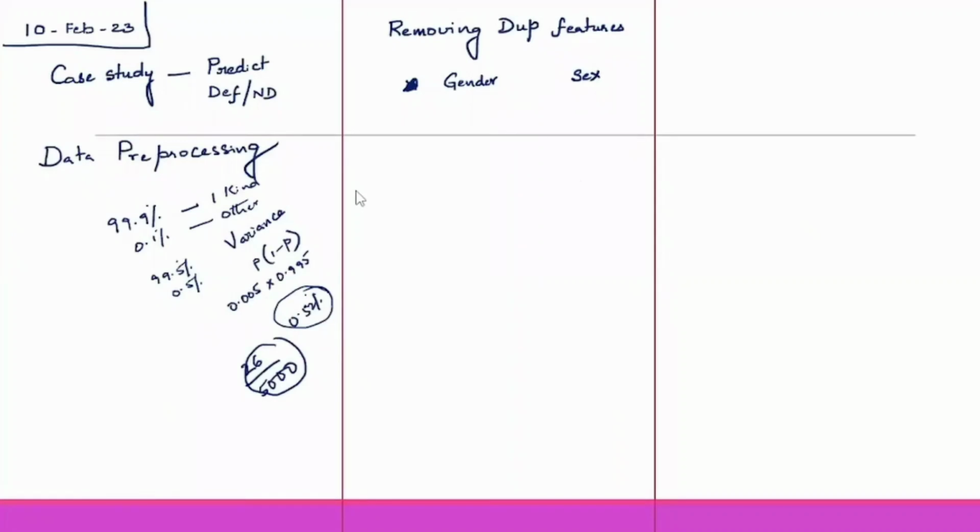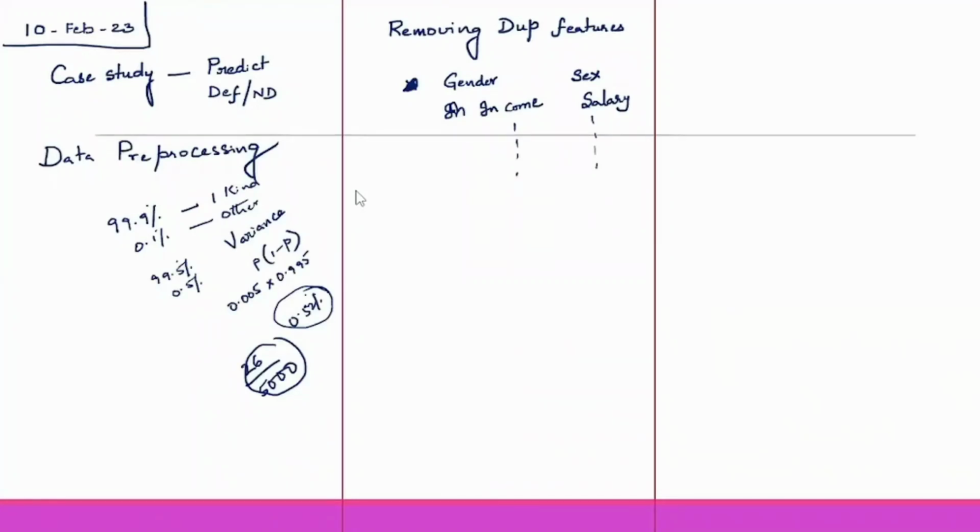Or probably we may have one column called income, and somewhere else there might be a column called salary, and both the columns might be representing the same set of values. Because of some copy paste, the heading would have got changed, but the data inside that column would have been more or less the same.